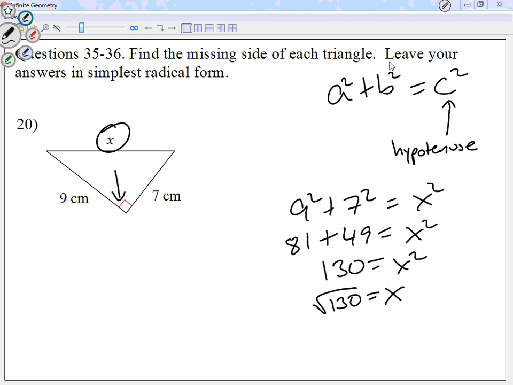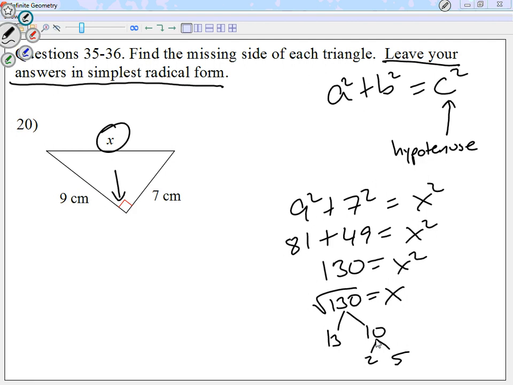On the instructions you have, leave your answers in simplest radical form. So simplify your radical if you can. The way I simplify it, I'm going to break 130 into two numbers that multiply to equal 130. I'm going to go 13 times 10. My 10, I'm going to split it as 2 times 5. If I have any groups, groups go outside, singles stay in.